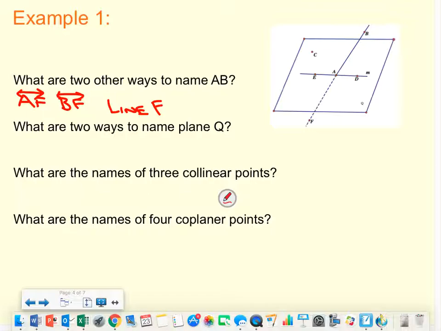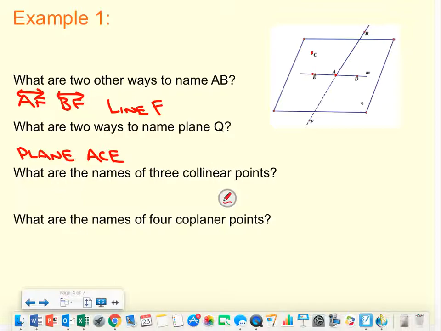What are 2 ways to name plane Q? Well, we've already got plane Q, so now we could just say plane, and now we just have to pick 3 non-collinear points that are on that plane. So maybe ACE. Okay, that would work. A, C, and E are definitely not collinear.